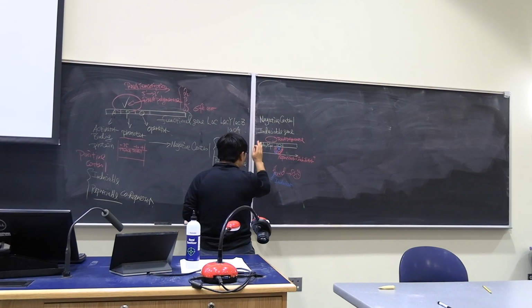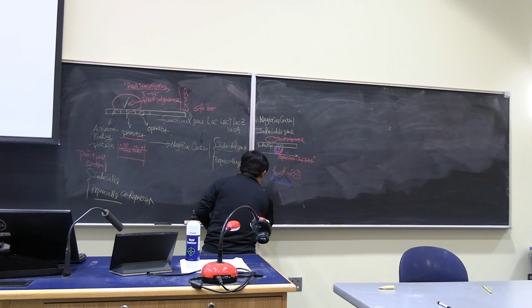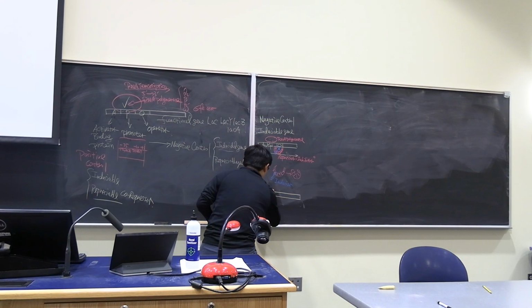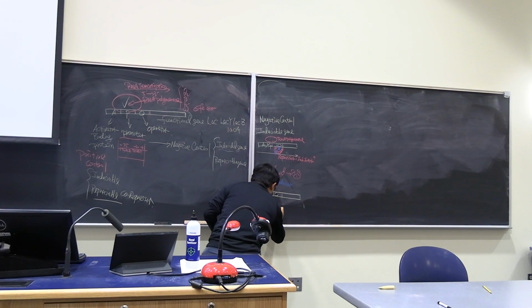Since this is the example for an inducible gene, how about repressible? Repressible, which means it is still at the O position. I have a repressor, which is right here. That's a repressor.